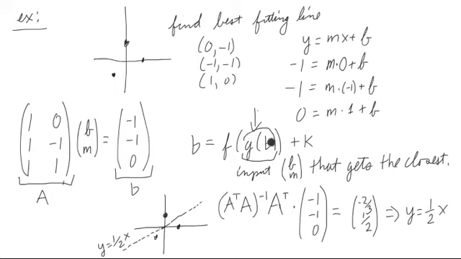So to compute g of b, we run through the process right here. A transpose A quantity, take an inverse, A transpose, multiply it with negative this column vector right here, we end up getting this, which means that y equals negative a half x minus 2/3 is the best fitting line.